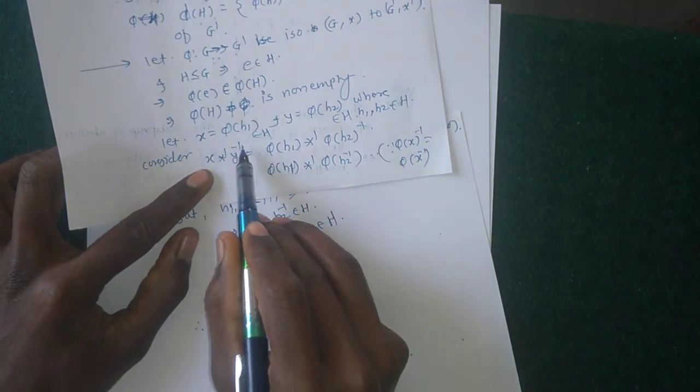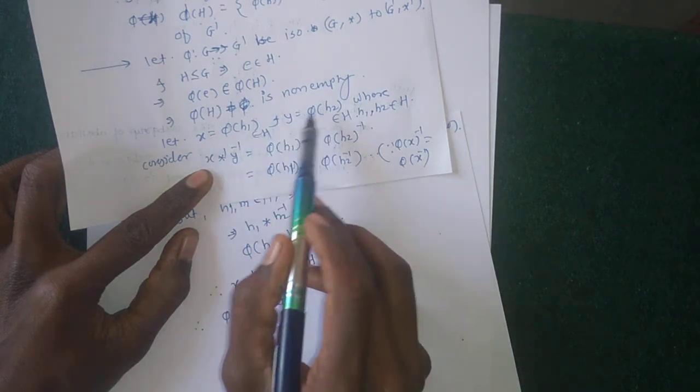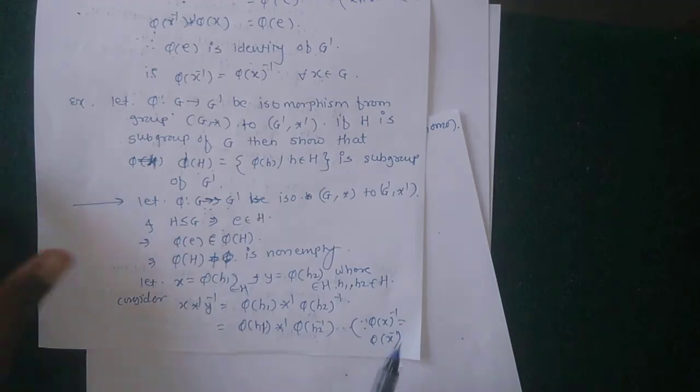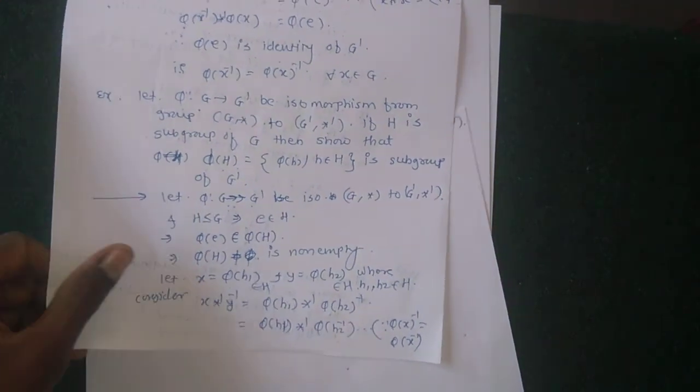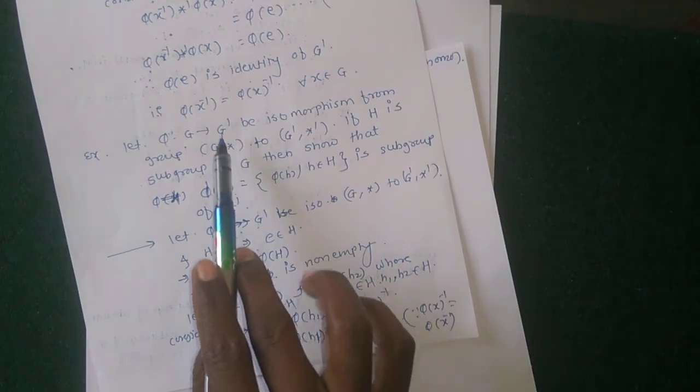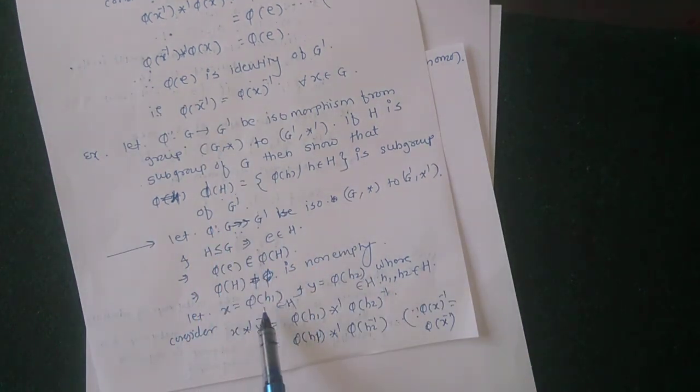Then x star dash y inverse, because these are elements of G dash, where G dash is the image set of G. Elements of G dash are of the form phi of H1, phi of H2 and so on.